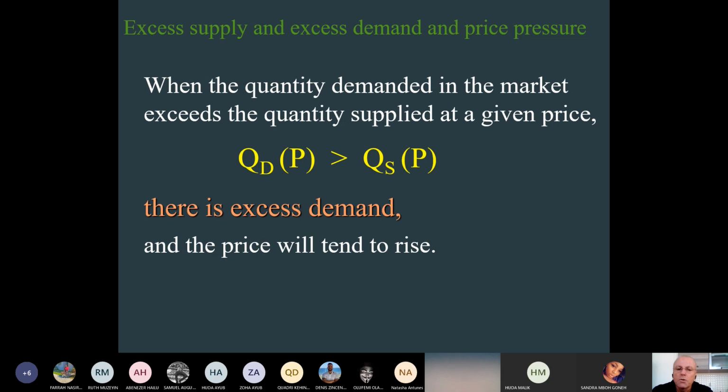Therefore, this kind of pressure shifts the market upward, and of course this is not good for the economy, because when the general price level in the market rises, that is inflation, and inflation is not good for the economy because it creates problems.